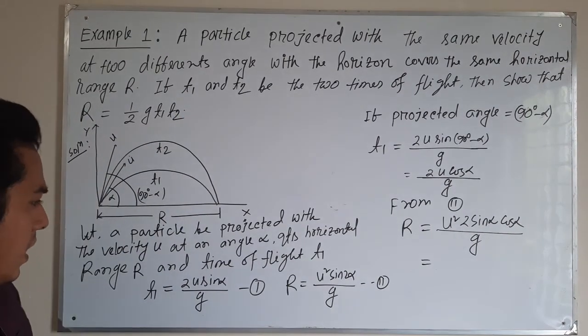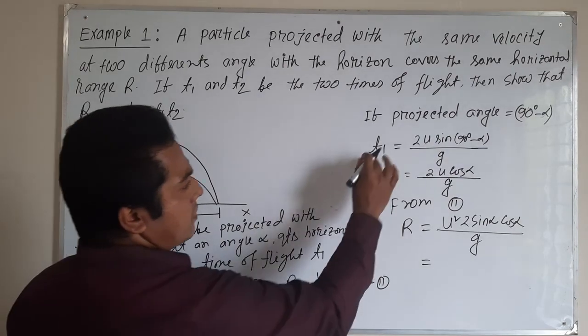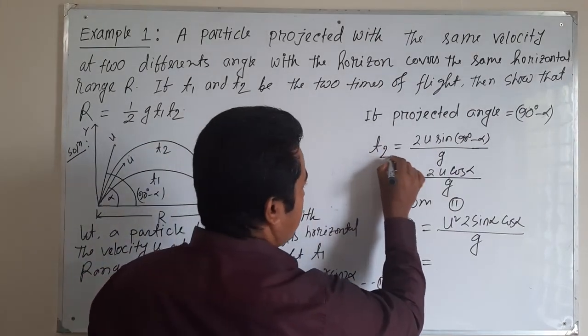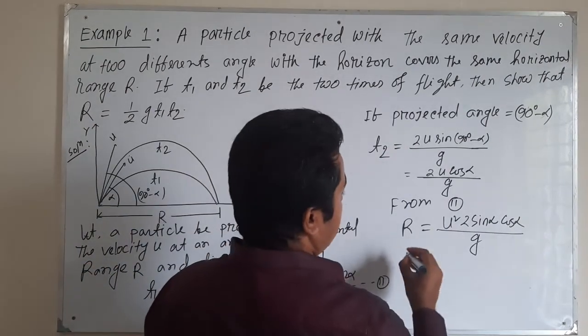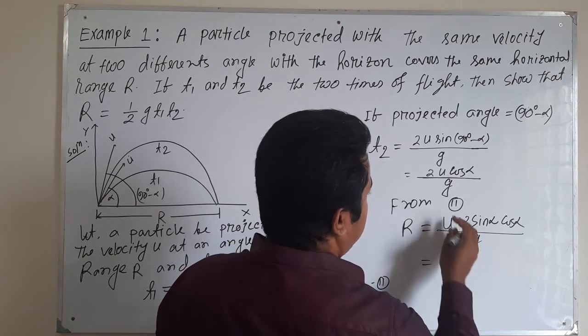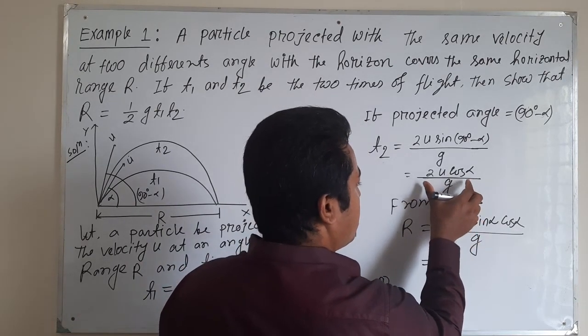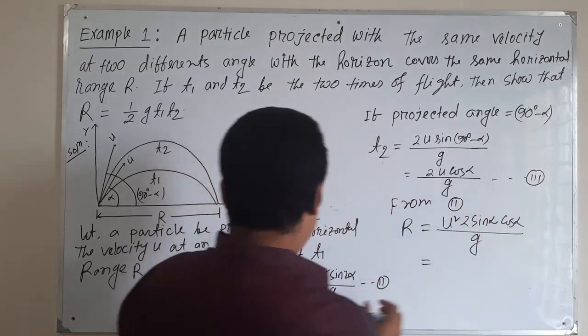Here t1 is this and t2 is this. So we can write it for this. We want to use this formula and this.